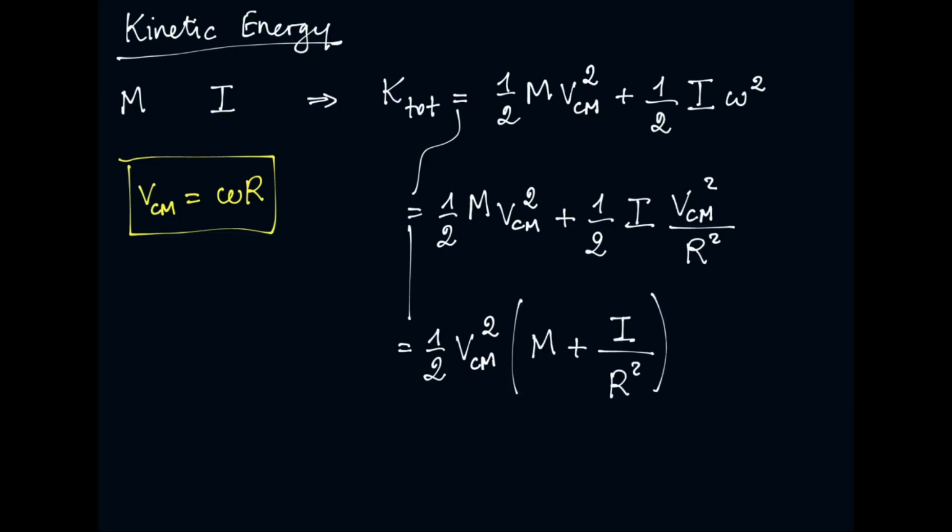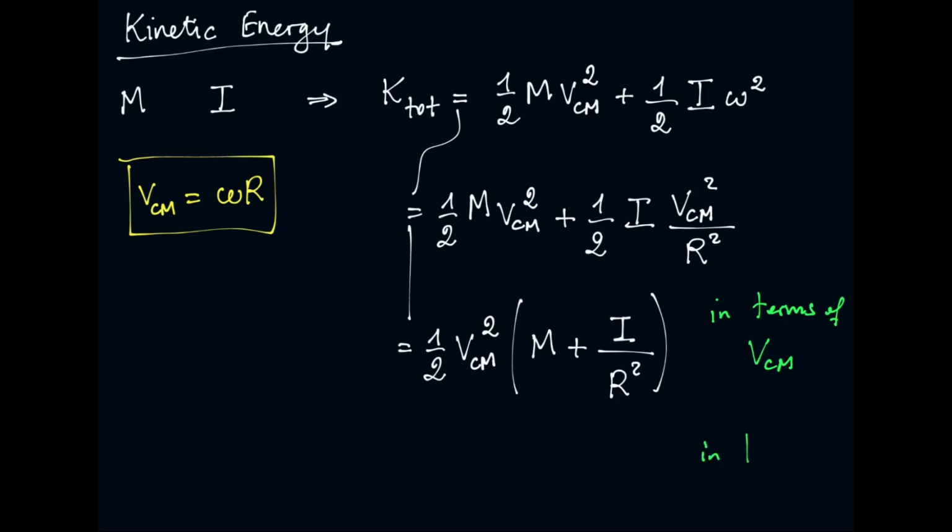Beautiful. I could do the same, but replacing v instead of omega, so this is in terms of v of the center of mass. So if that's the number that I have, that's the easiest way to calculate the kinetic energy.